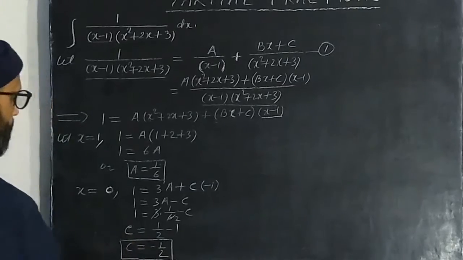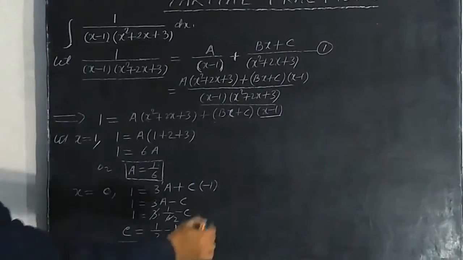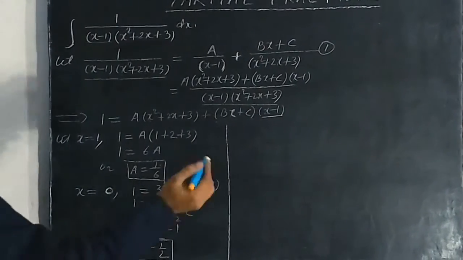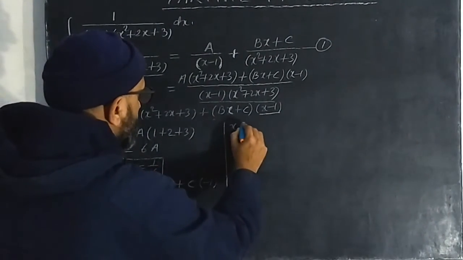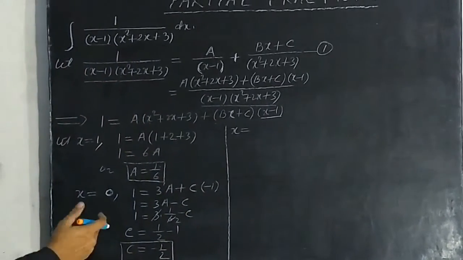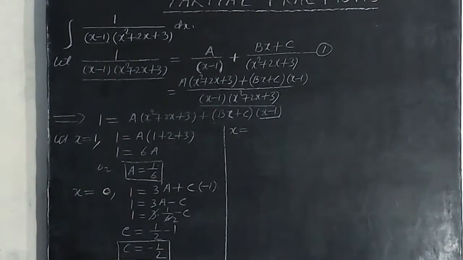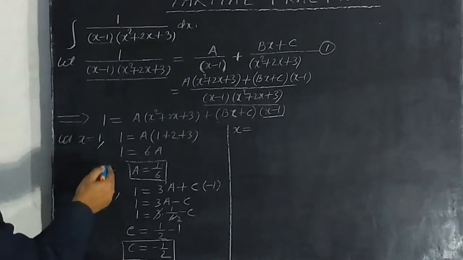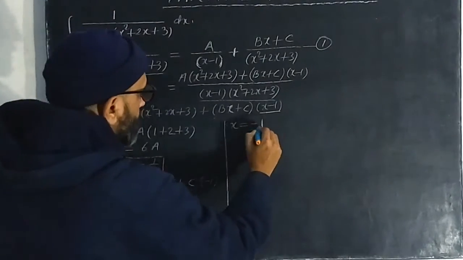So for the next step, we have to use any basic value of x which makes our calculations easy. So we may take some other value than these two. So we may take minus 1.